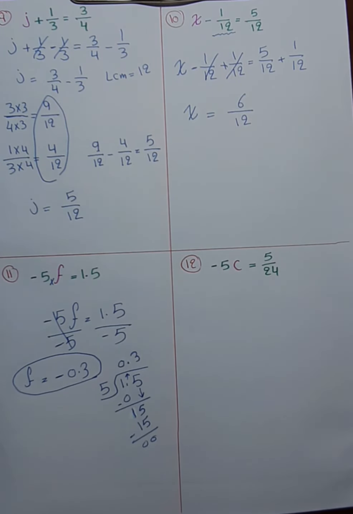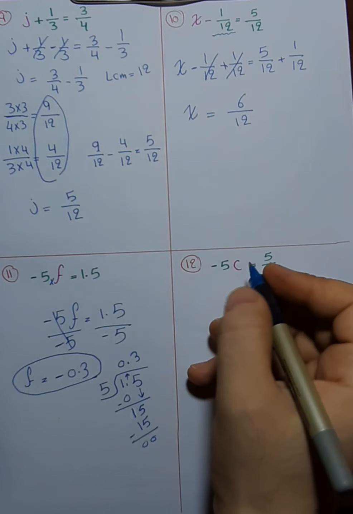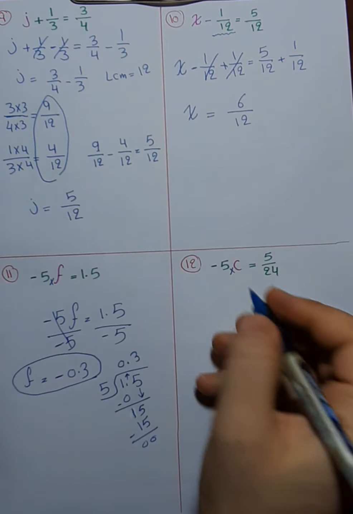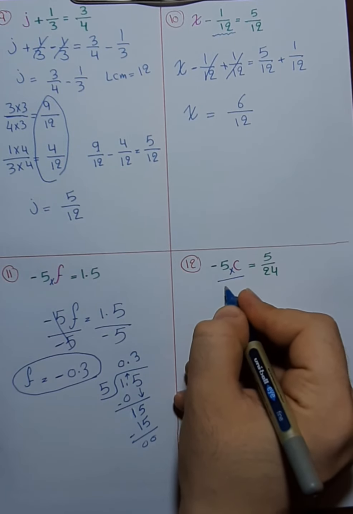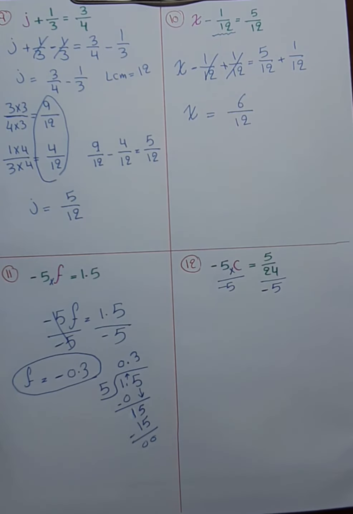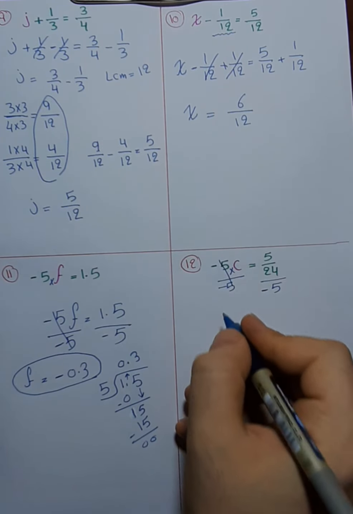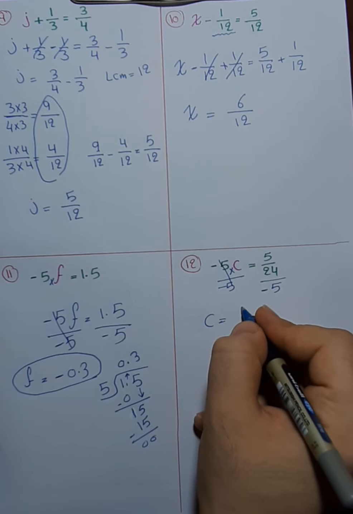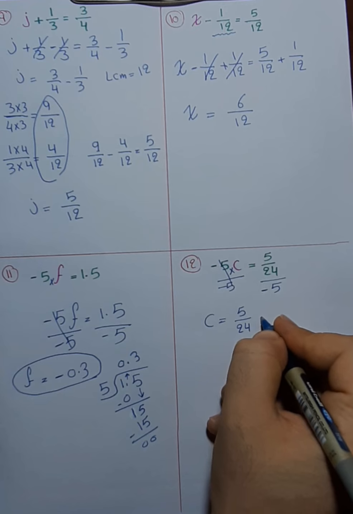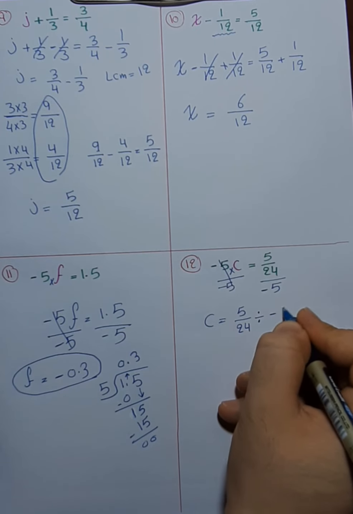Example number 12, we have negative 5c equal to 5.24. We have multiplication between this number and the variable. We have to divide both sides by negative 5. These two numbers are reduced. C equal to 5 out of 24 divided by minus 5.